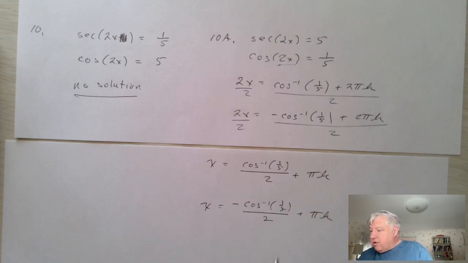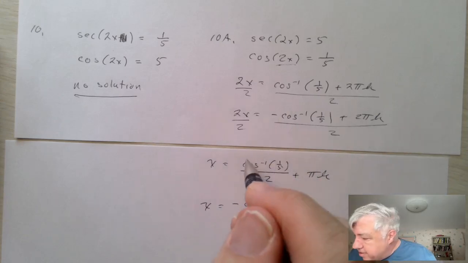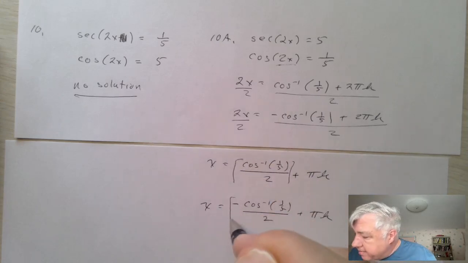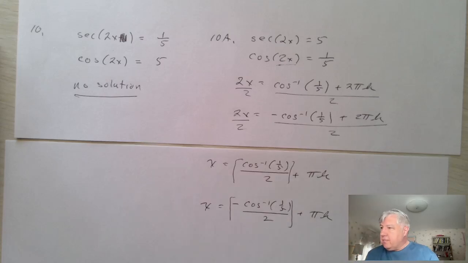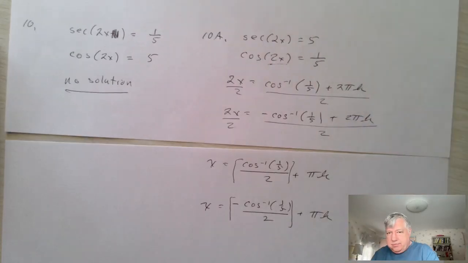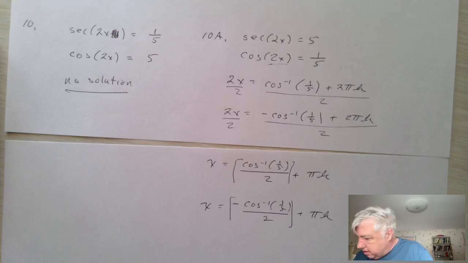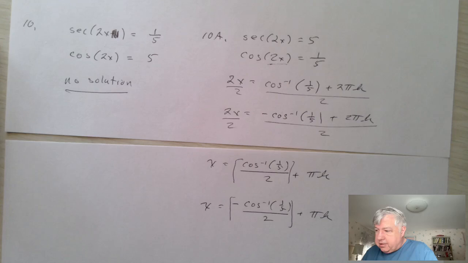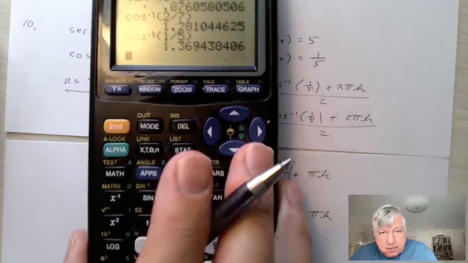And so you can use your calculator to figure out what this number is. In fact, I'll just do this right now. So the inverse cosine of 1/5 is, what is it?